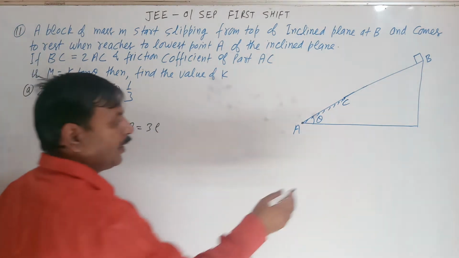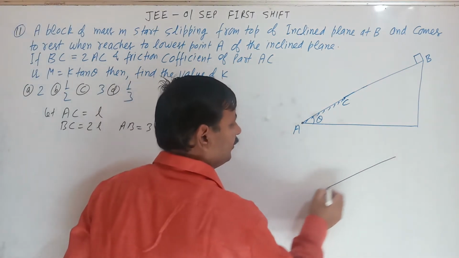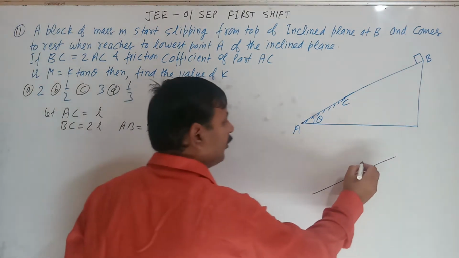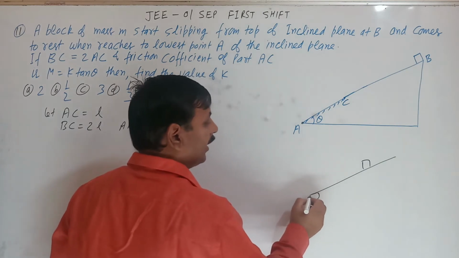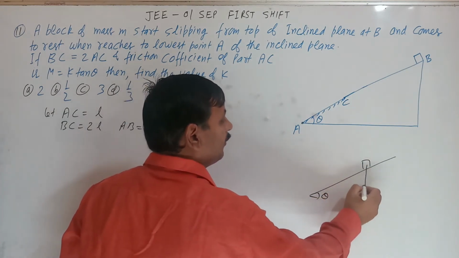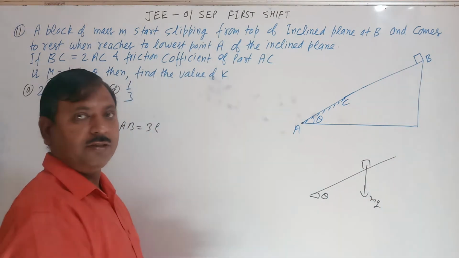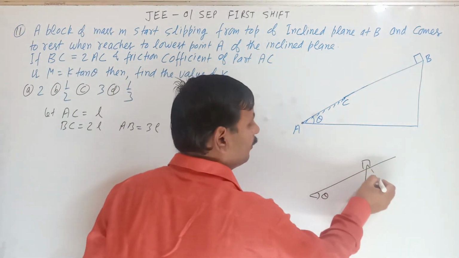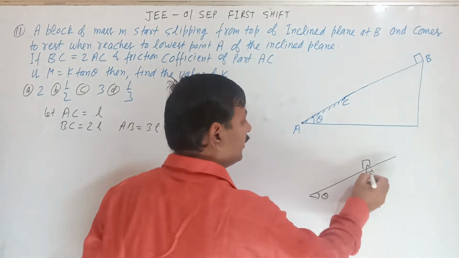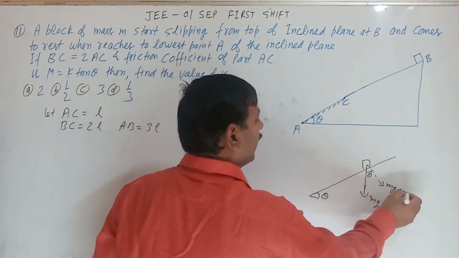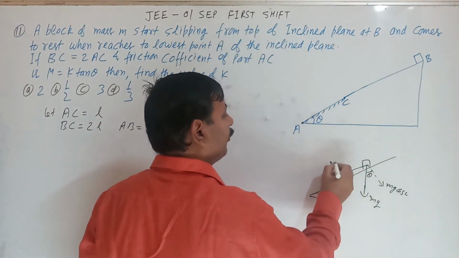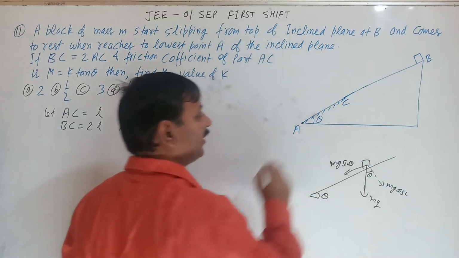So we know at an inclined plane, any object is there at an angle theta. So how many forces? Weight mg will act downward. It has two components: one is mg cos theta, and the other component is mg sin theta.